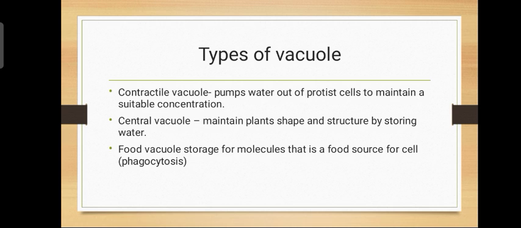It regulates the quantity of water inside and outside the cell, maintaining the water concentration with the help of osmosis. That is the function of the contractile vacuole. The central vacuole helps to maintain the shape and structure of the plant by storing water. The food vacuole stores the food sources for the cells.